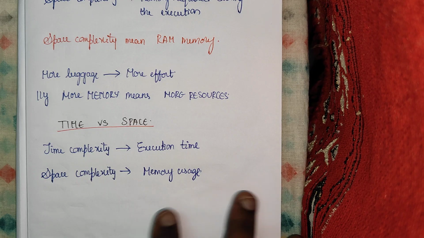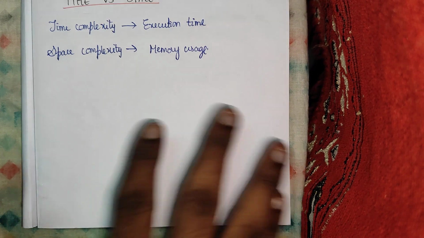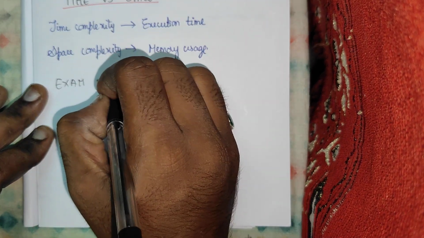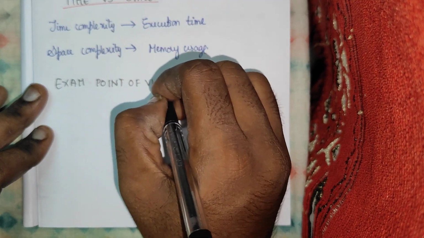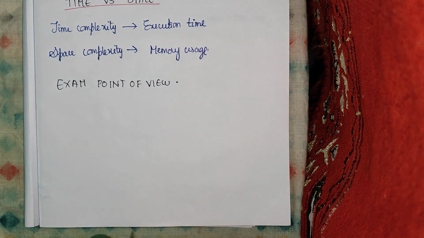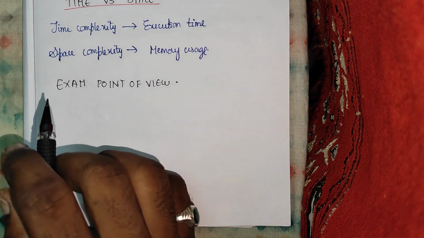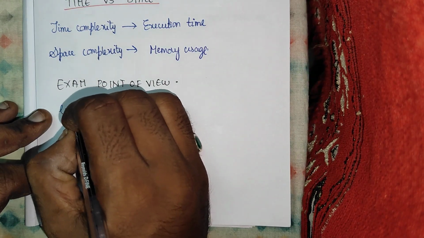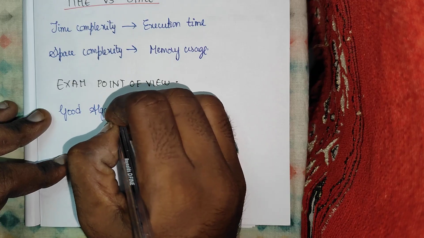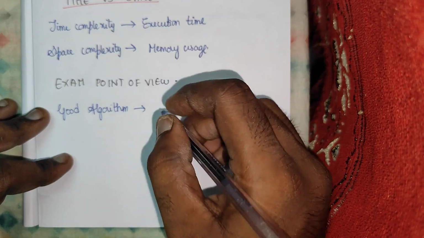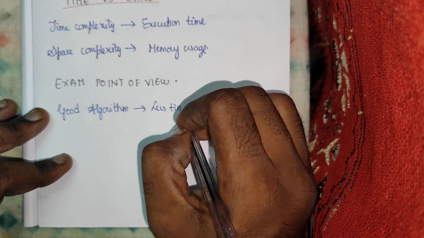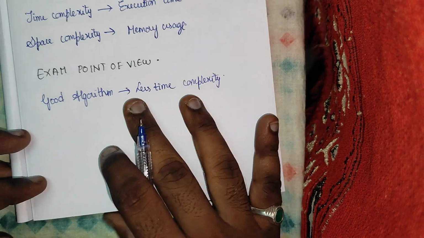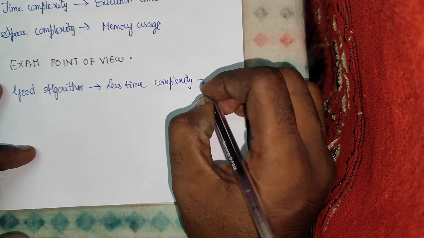So here's the important one. This is very important for students from the exam point of view. You can write it in a box or like a flowchart. A good algorithm means less time complexity plus less space complexity.